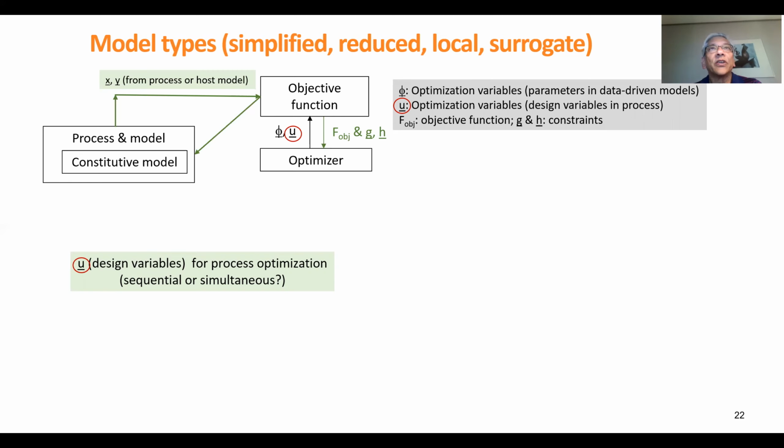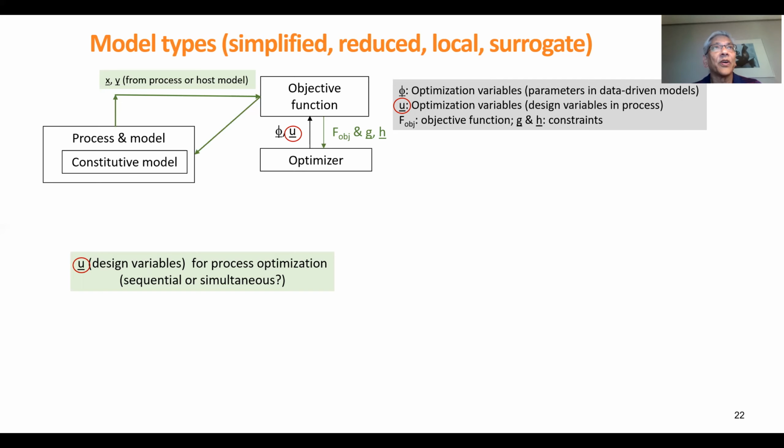From the optimizer, we go to the objective function. The objective function will need to know the process variables, X, the specification variables, Y, and from those, it will be able to calculate the objective function and check the constraints.